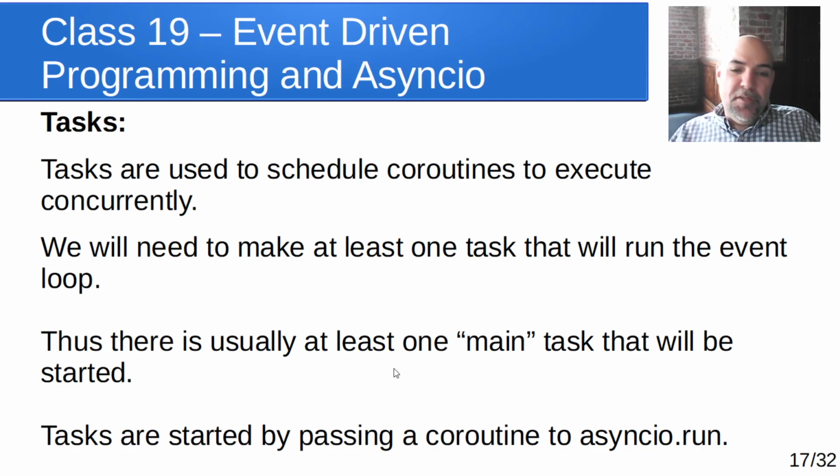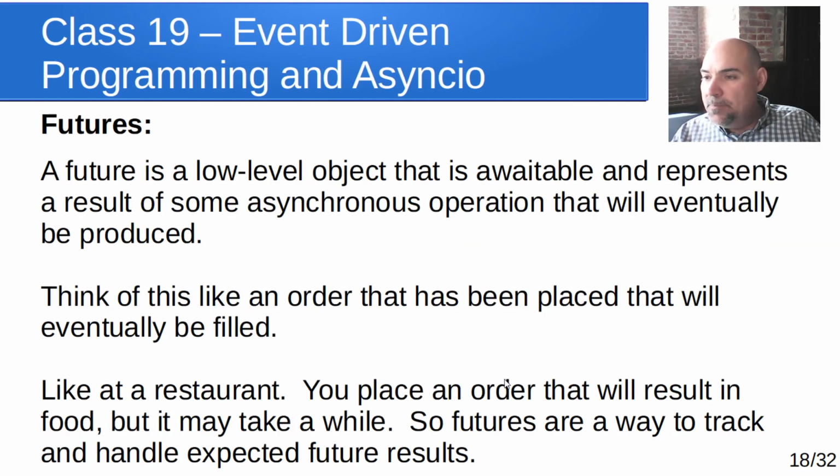And we'll need to make at least one task that will run the event loop, because it's the thing that's going to be handling the processing of those events as they come in. So there's usually at least one main task that will be started. There could be more than one, but tasks are started by passing a coroutine to asyncio.run, and we'll look at that in more detail in a second. That'll make a little more sense shortly.